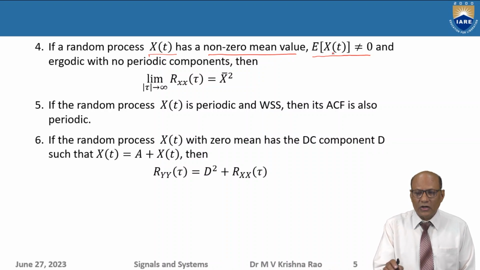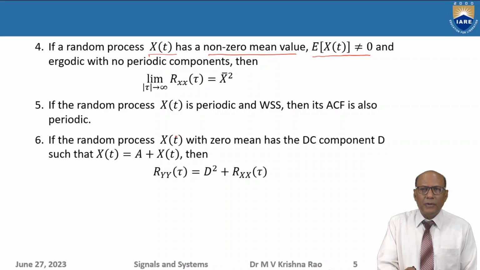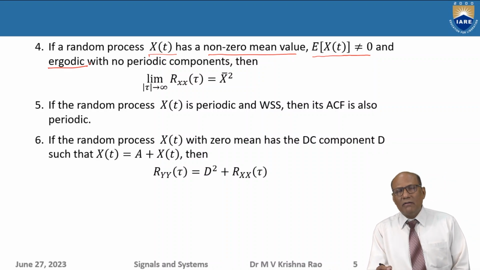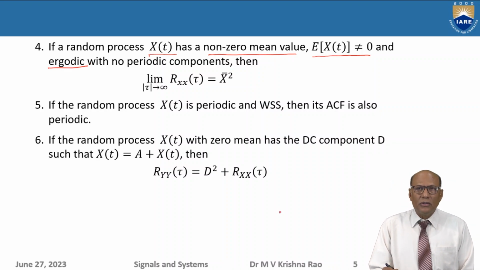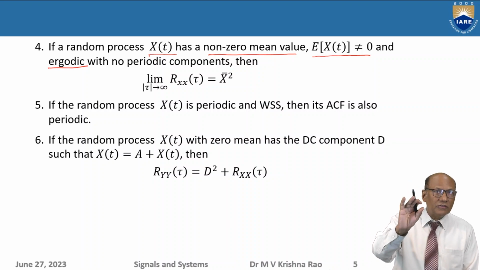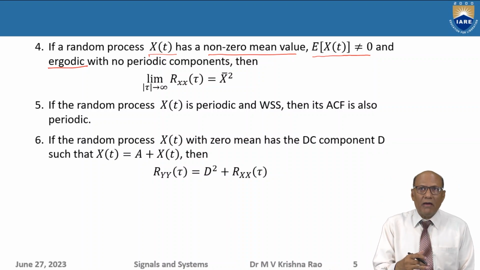Okay. So here the mean is not equal to 0, non-zero mean, and ergodic with no periodic components. And it is ergodic. That means time averages are equal to ensemble averages. So if I take the autocorrelation function, I can find it for each time function and take an average of all those.